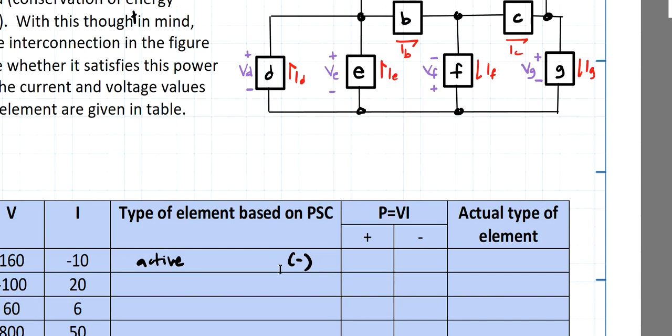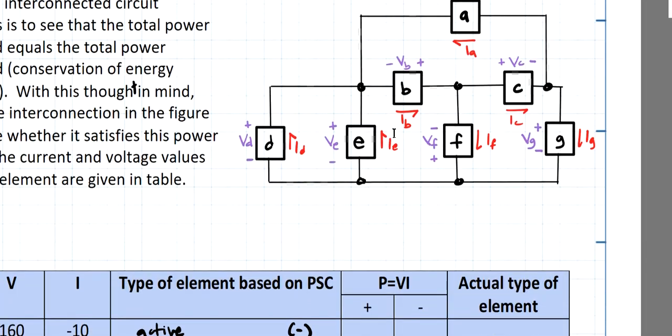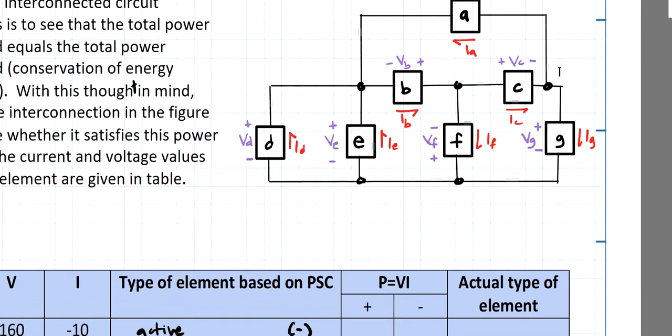Active elements mean that the power will be negative. For letter B, based on the passive sign convention, this positive current enters the negative terminal, and this is also active. So this is negative.